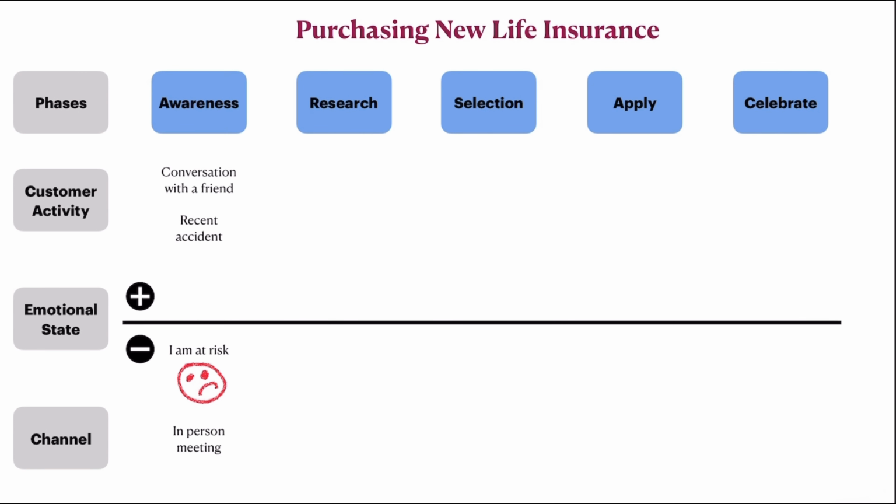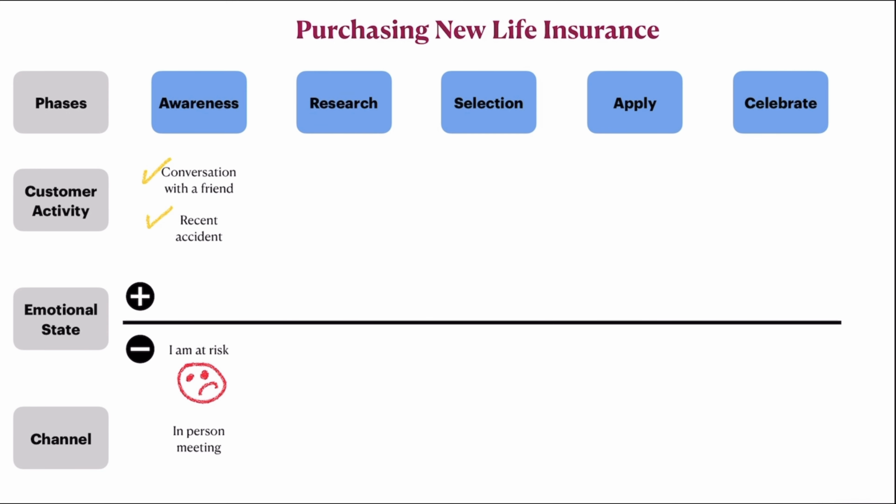Starting with awareness, well, the customer may actually become aware of a need for a life insurance policy because they either had a conversation with a friend, or they might unfortunately have been involved in an accident which kind of kicked off this idea that, hey, I perhaps need more coverage than I realized. Of course, there may be other elements that drive awareness, but for example purposes and keeping it simple, let's just focus on these 2 items.